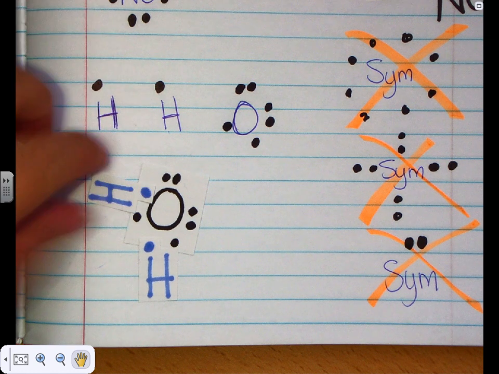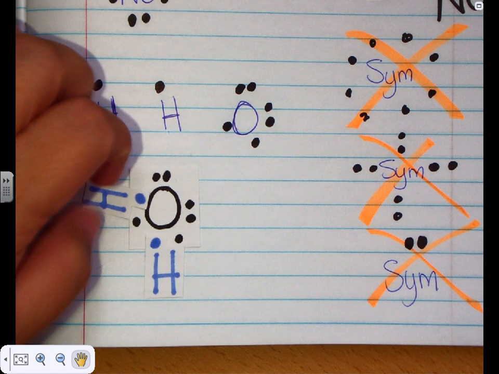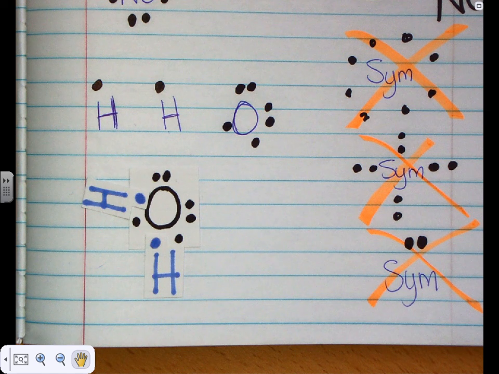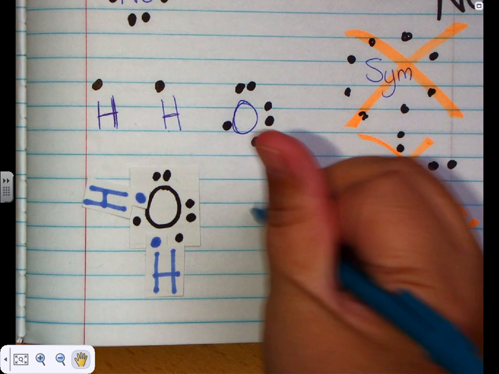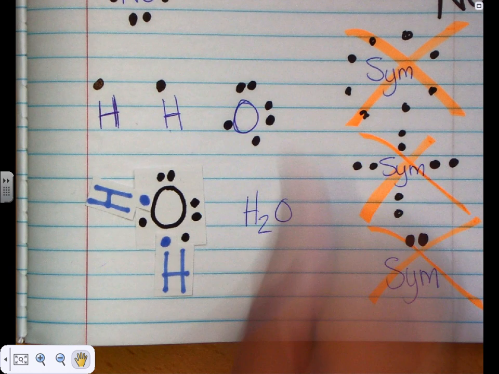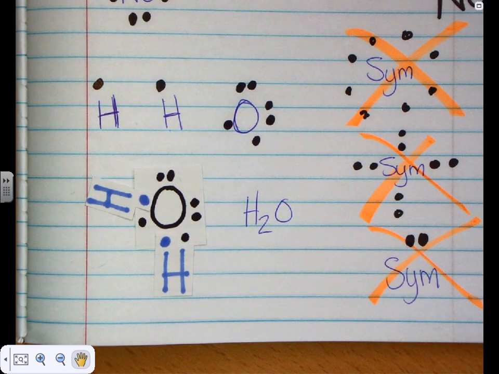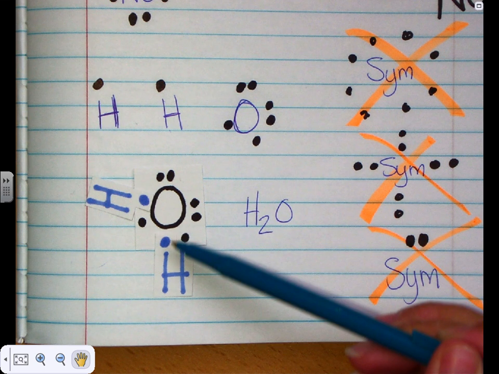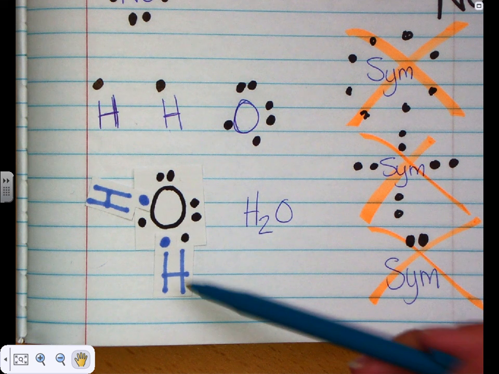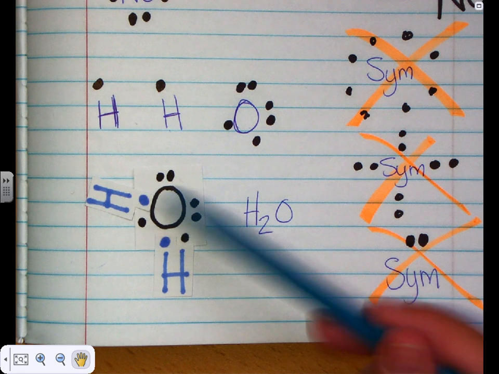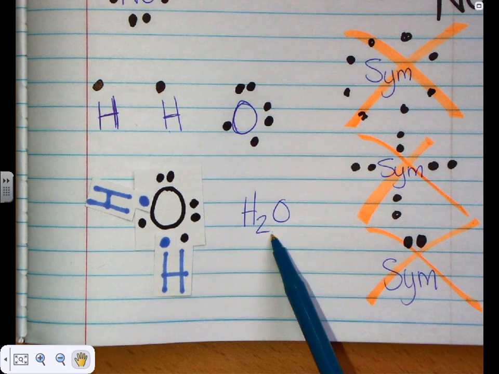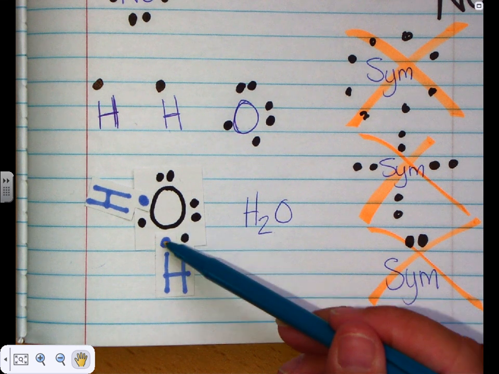The reason that we leave empty spaces in certain spots is so that other atoms can bond with them to create compounds. If we put this dot over here, would hydrogen be able to bond? No. Hydrogen is able to bond because there's an empty space for that valence electron.